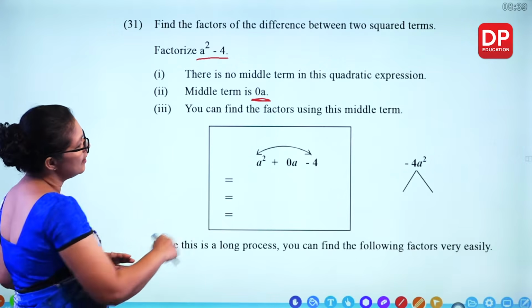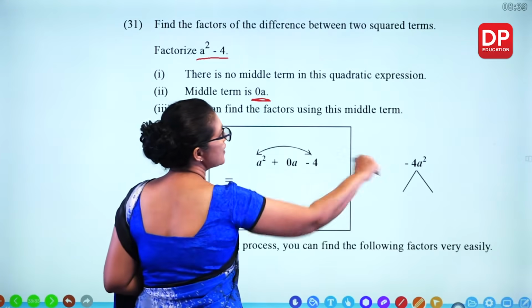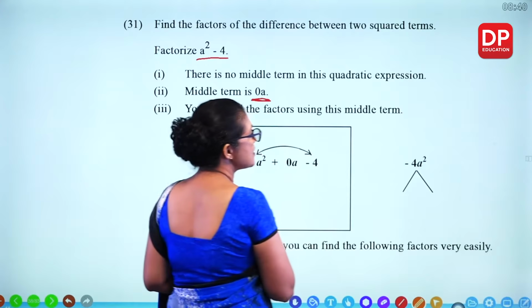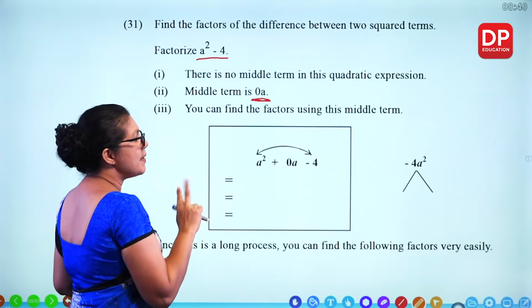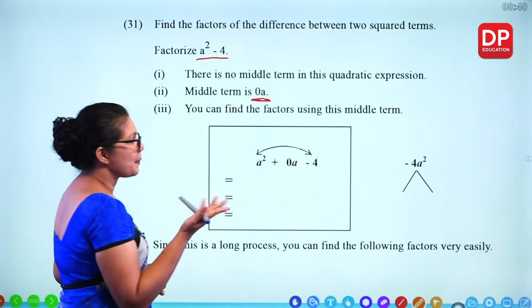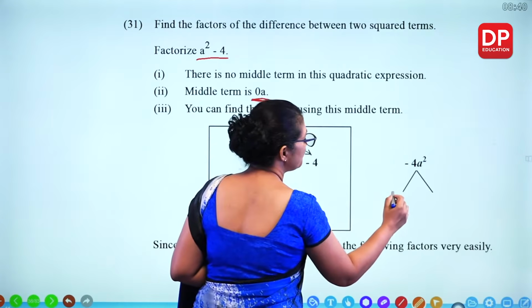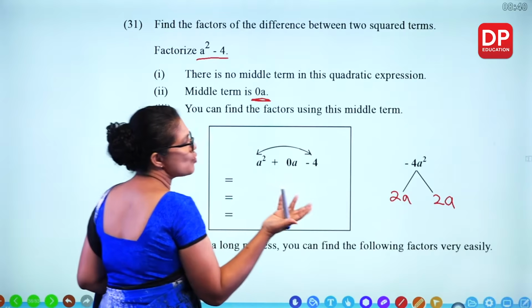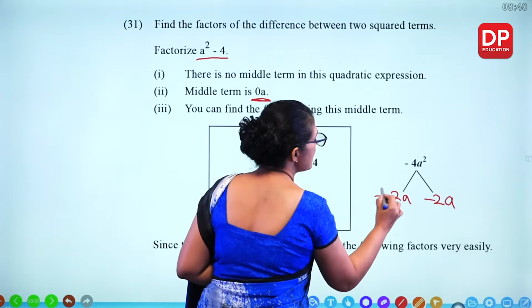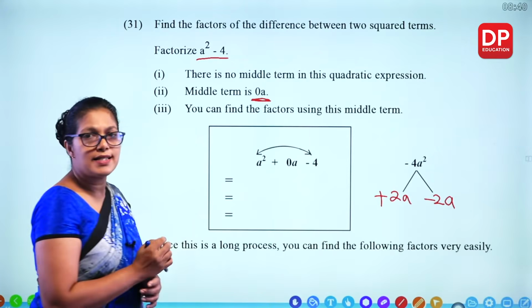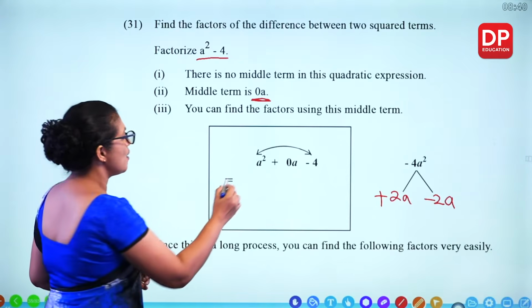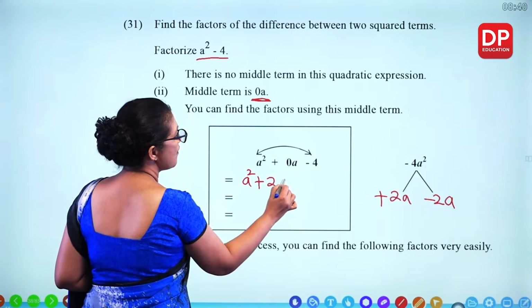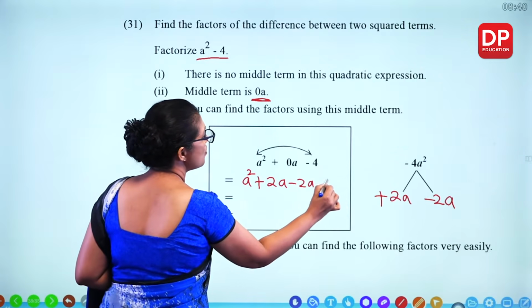We'll do that. A squared times minus 4, factors of minus 4, and the middle term is 0. So 2 and 2, 2a and 2a, but both are the same, so one is positive and one is negative. When you add, you are getting 0a. Now we'll try to split that. 0, you can write plus 2a and minus 2a.